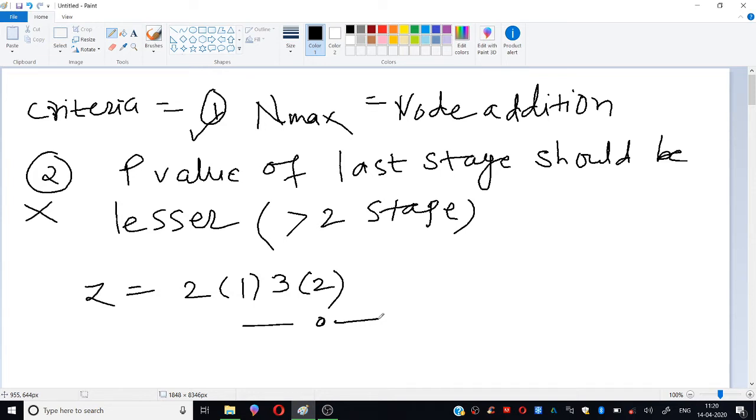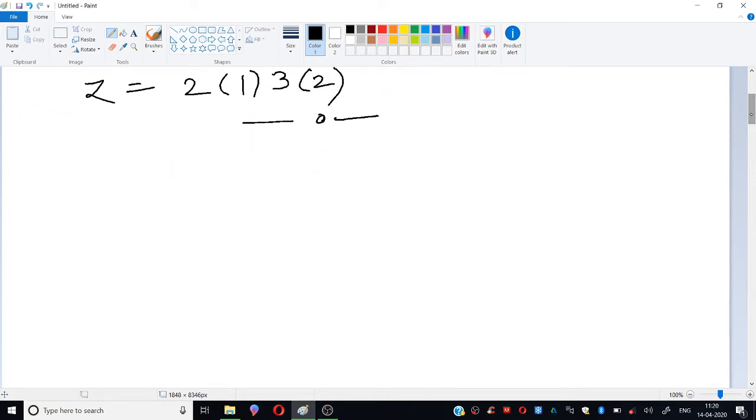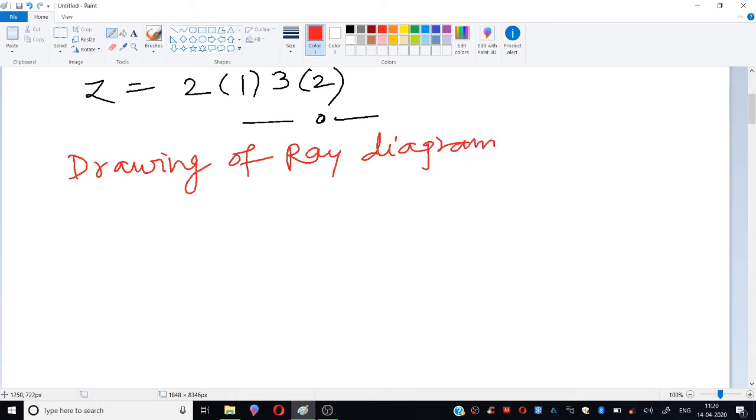Now we will proceed to section 2, question B, which asks for a ray diagram. So from here we will start with drawing of a ray diagram and speed chart. So what is a ray diagram?